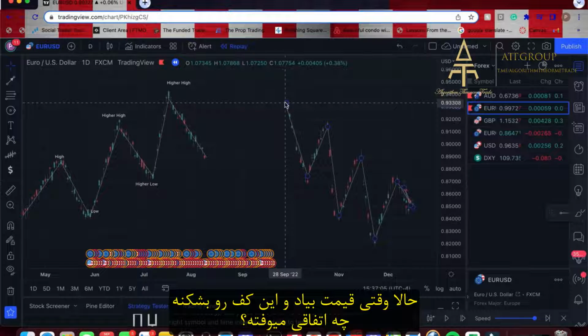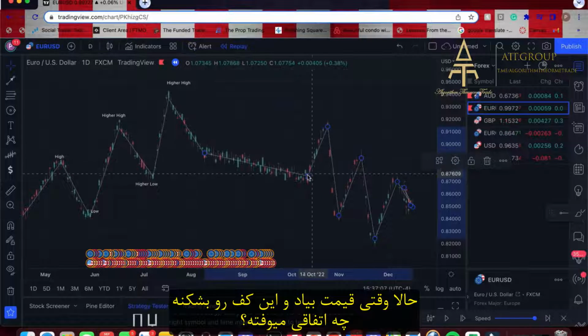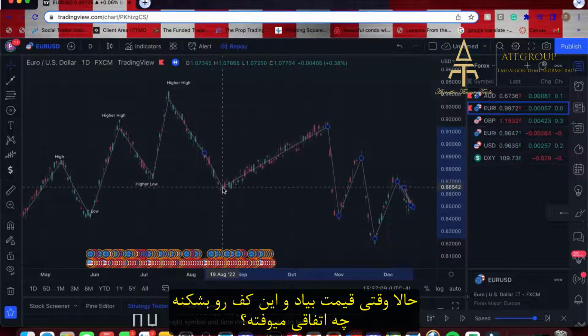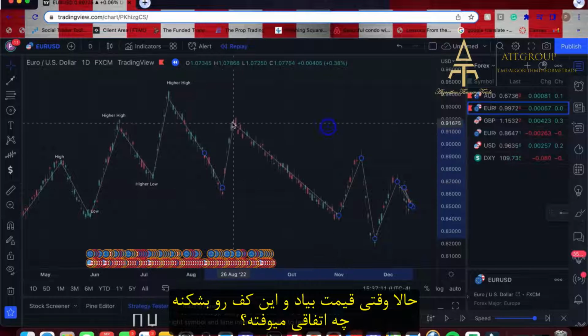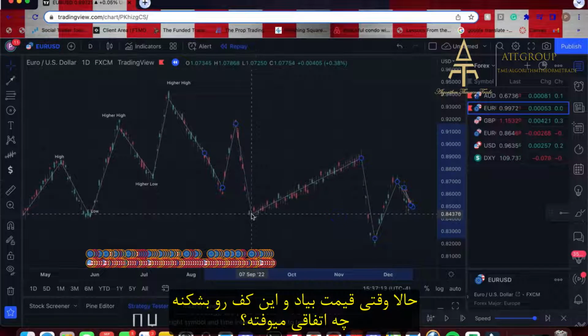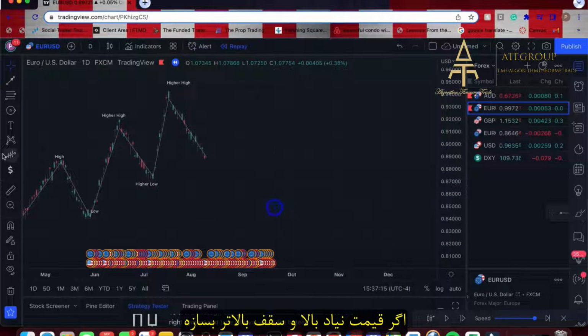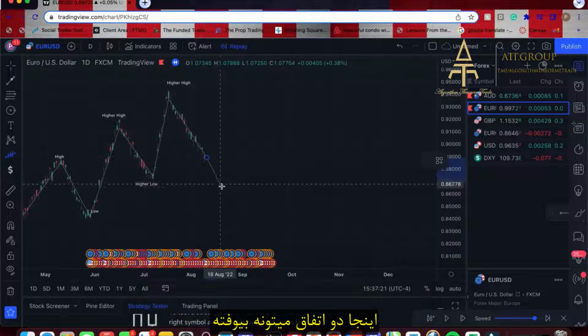Now what happens when price comes and actually takes out the low right here? What happens if price was not to come back up and take out this higher high, but instead comes down and takes out this low? So two things can happen.